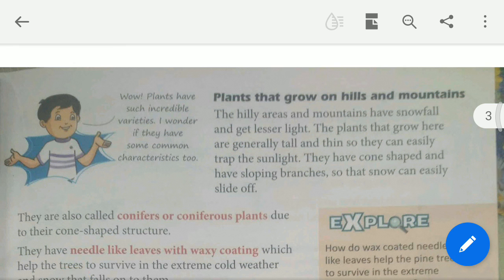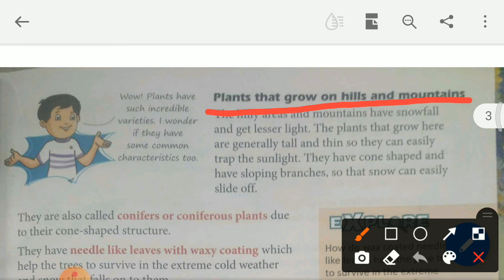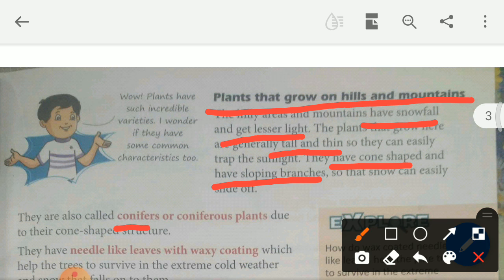See here the plants that are grown in hill and mountain. They receive snowfall and lesser sunlight. It is tall and thin, cone shaped, and has sloping branches. It is also called coniferous plant.